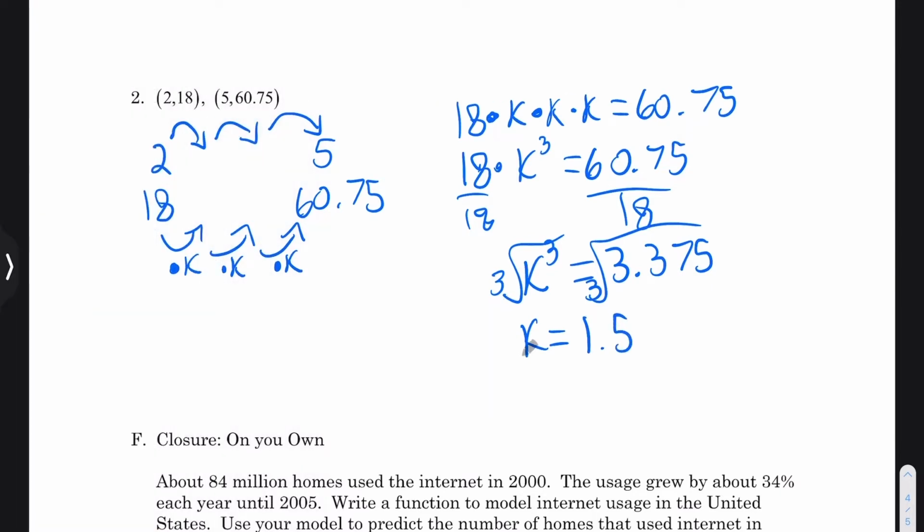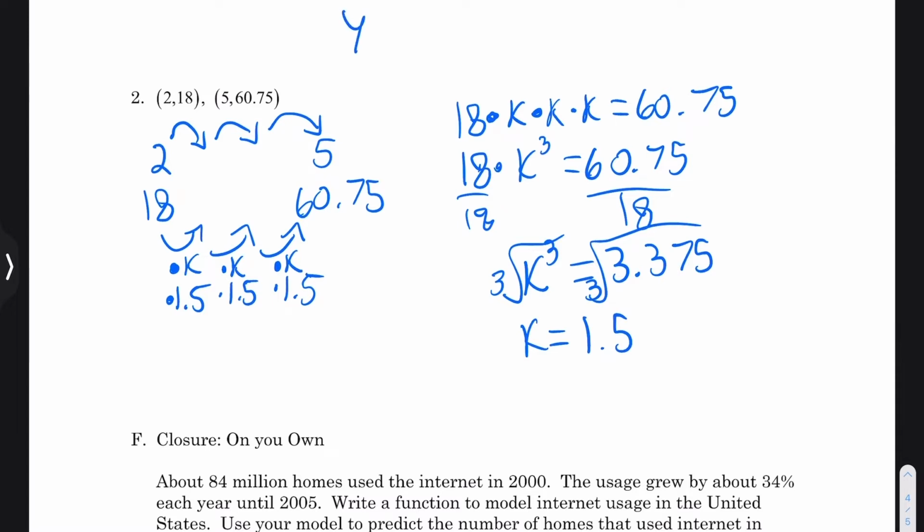If k is 1.5, that means we did times 1.5 times 1.5 times 1.5. So the number that we did repeatedly was times 1.5, which means we multiplied by that multiple times.